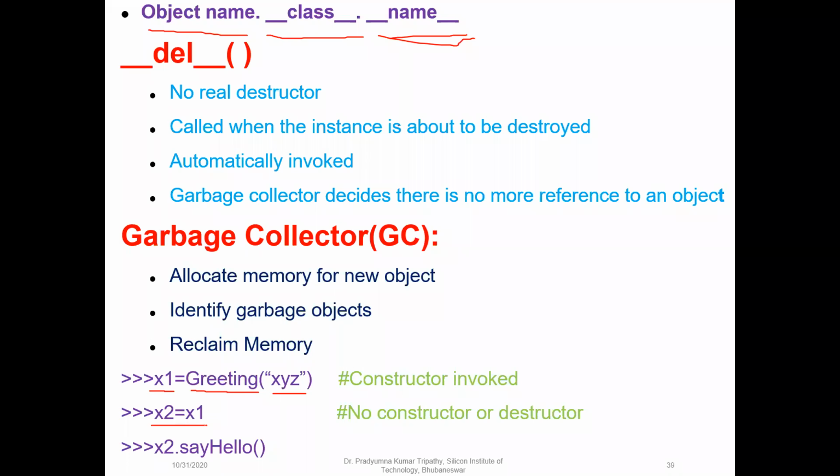In the first point of GC, it allocates memory for new objects. That means whenever we are creating an object, memory must be allocated for that object. In other languages like Java or C++, we may use a new operator for dynamic memory allocation.